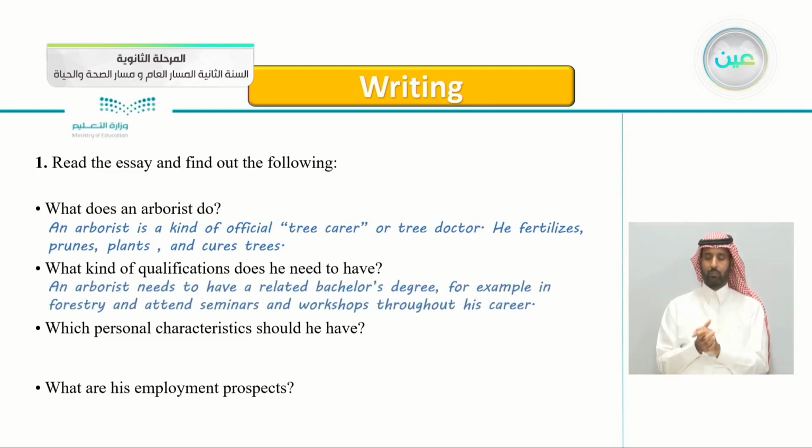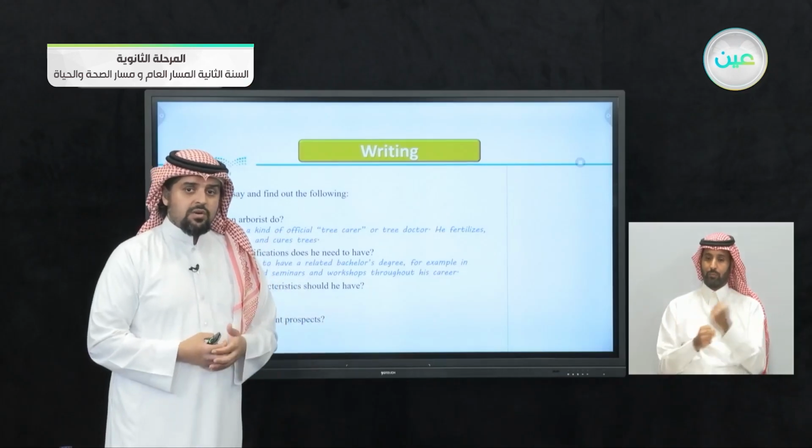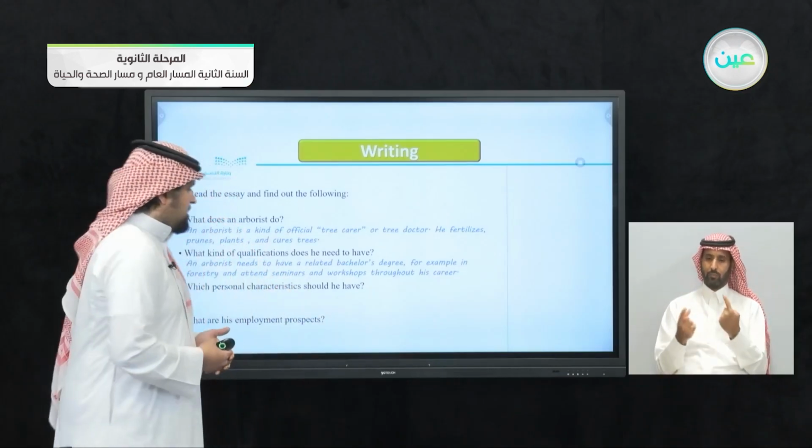An arborist needs to have a related bachelor's degree, for example in forestry, and attend seminars and workshops throughout his career. So you have to have a bachelor's degree in forestry, and you have to attend some seminars and workshops. So it's not an easy task.